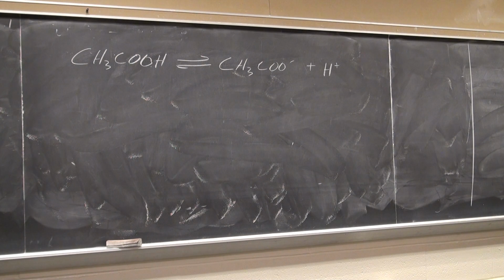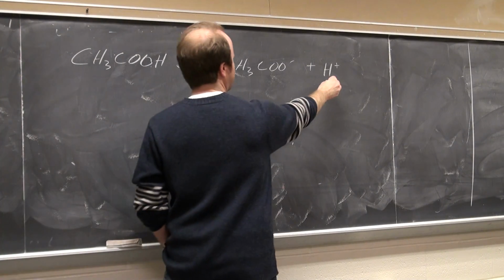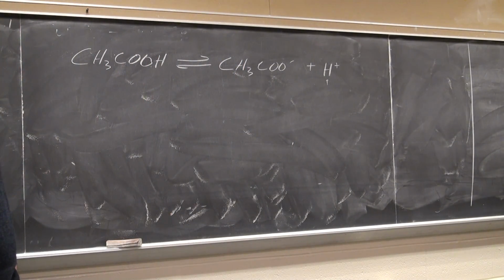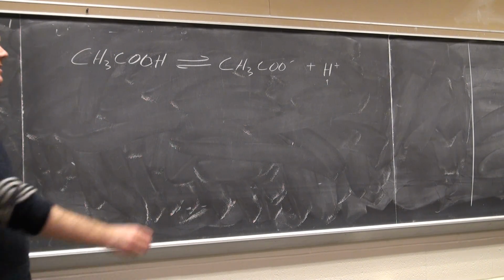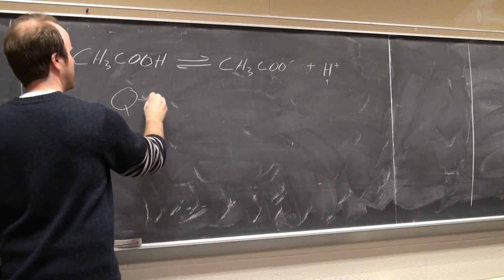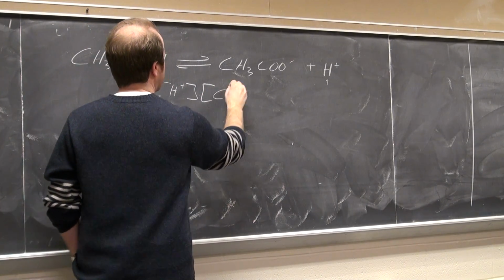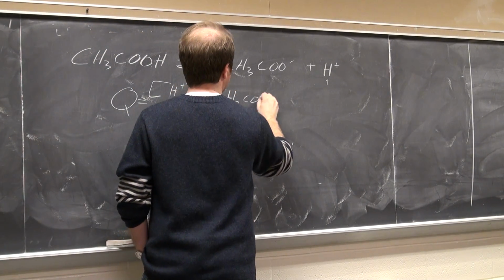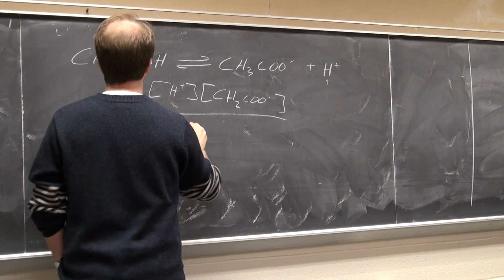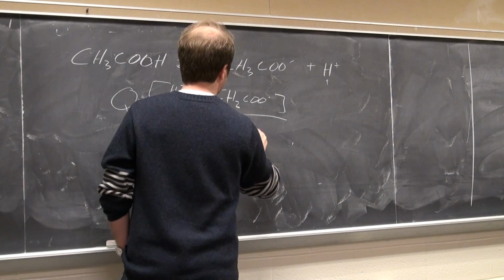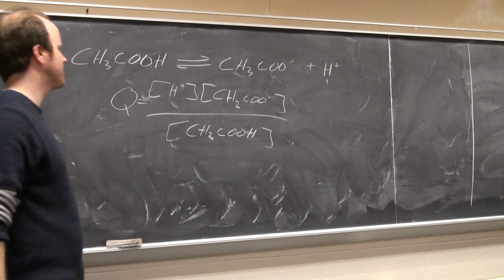So if I give you the pH, what do you know? If I give you the pH, you know the concentration of that thing, right? What's the reaction quotient for this reaction? Great.